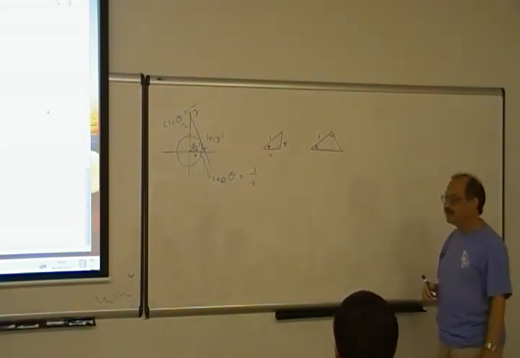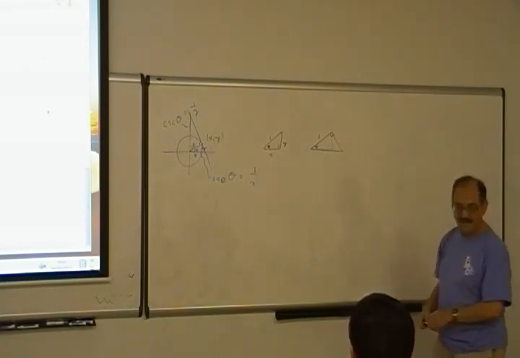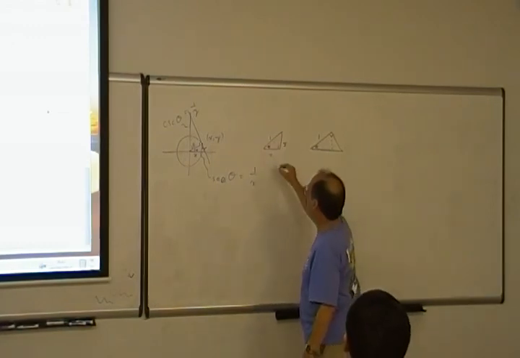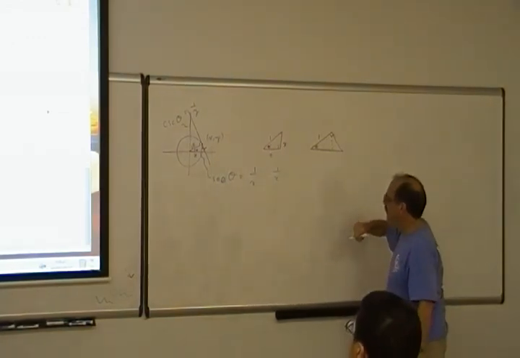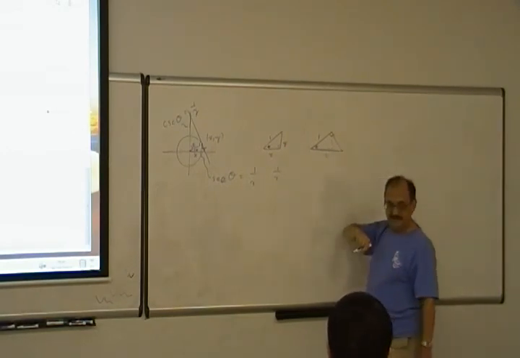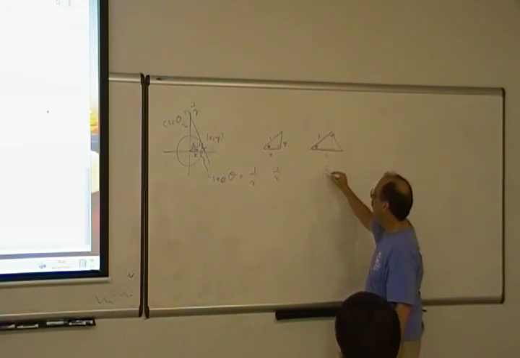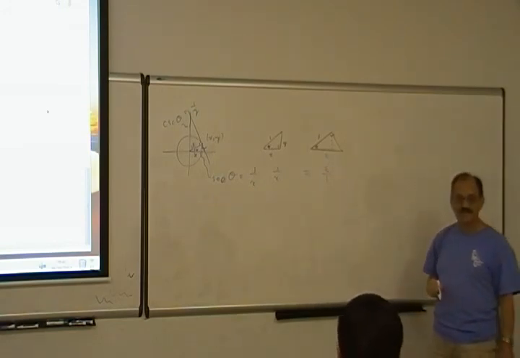Okay, so what over what is equal to what over what? 1 over x is hypotenuse over adjacent. And so let me call this little a. So a is 1 over x.